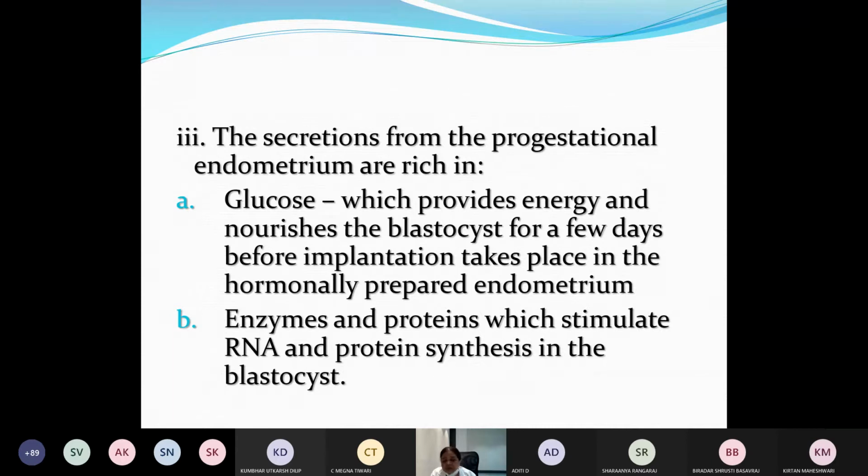They also contain enzymes and proteins which stimulate RNA and protein synthesis in the blastocyst.